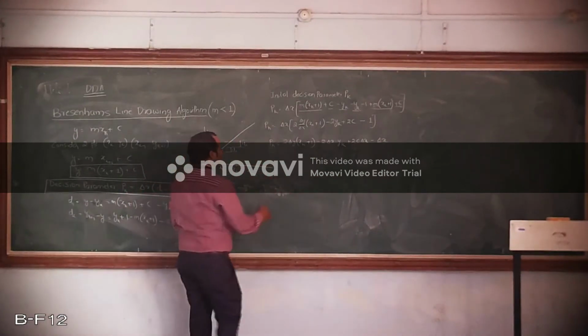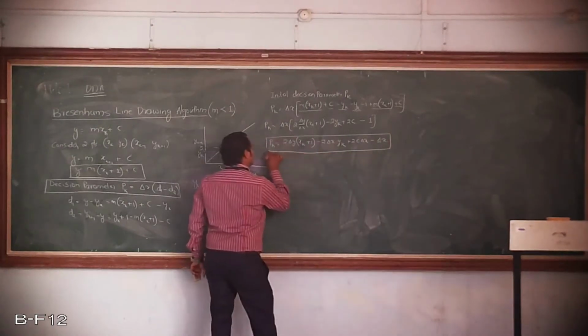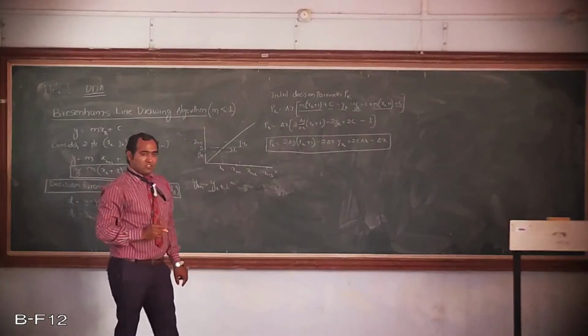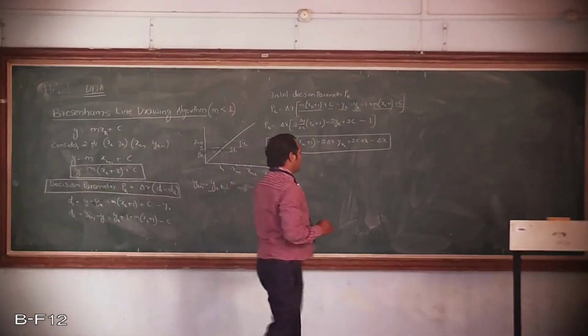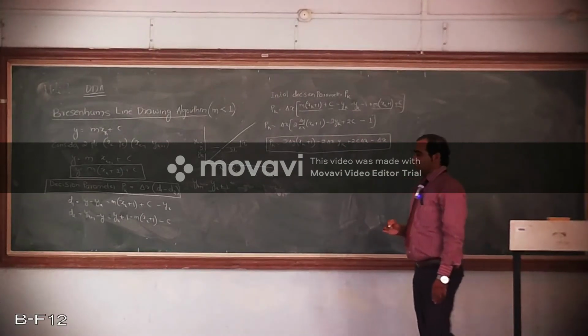So this is the value of initial decision parameter. Now this holds good for only the first increment or only first time.